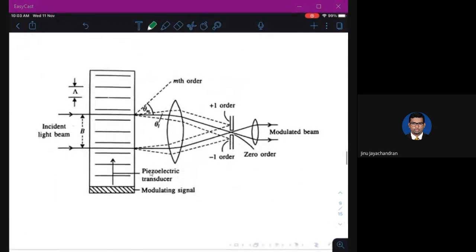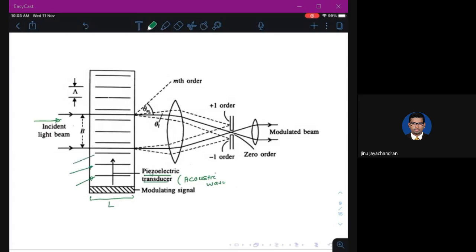If you come to the structure of a Raman-Nath modulator, you see that this length L is very small. The incident beam is incident normally. You have a piezoelectric transducer, which creates an acoustic wave, and you see there are wave fronts.